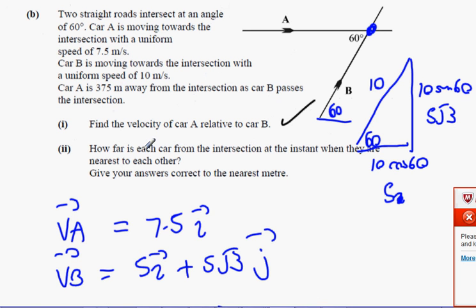How far is each from the intersection at the instant when they are nearest to each other? Give your answer to the nearest meter. Okay. Now, there's two different ways to do this. How far is each car from the intersection when they are nearest to each other? Does it start at the intersection?